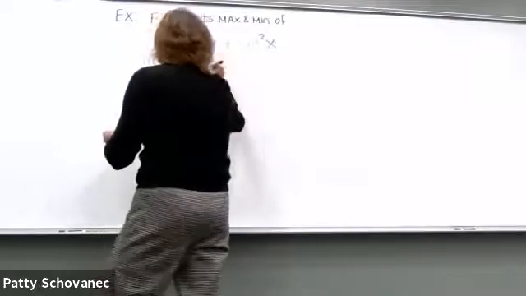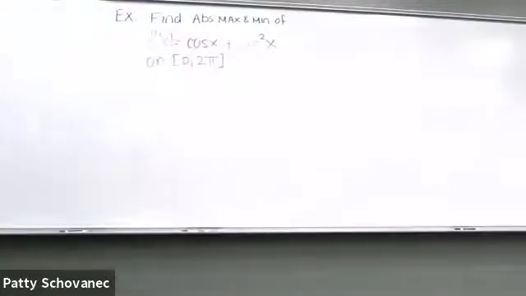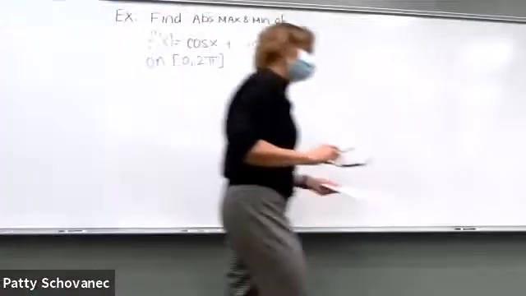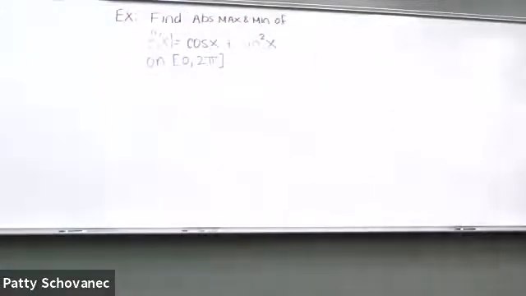All right, on 0 to 2 pi, this thing is going to have some critical numbers. It's a continuous function because the sine of x is continuous, sine squared is continuous, and the sum of two continuous functions is continuous.